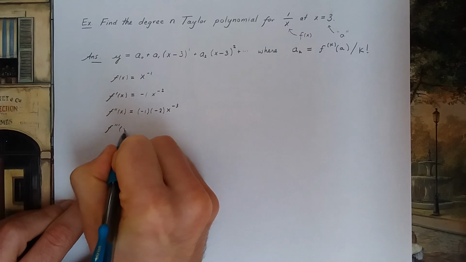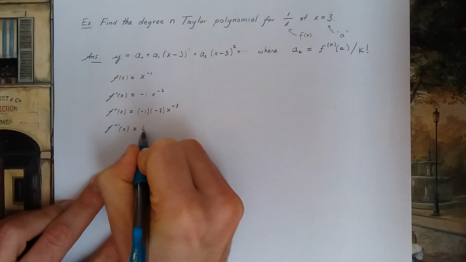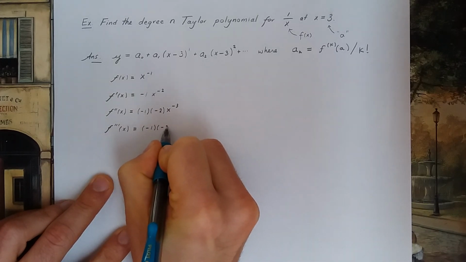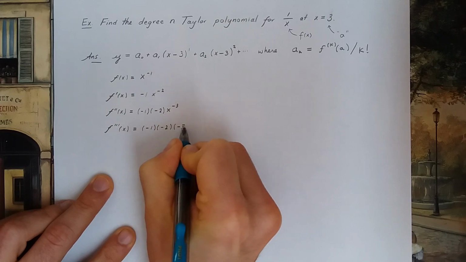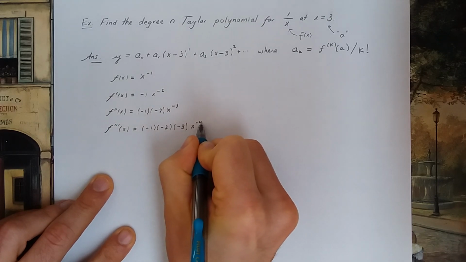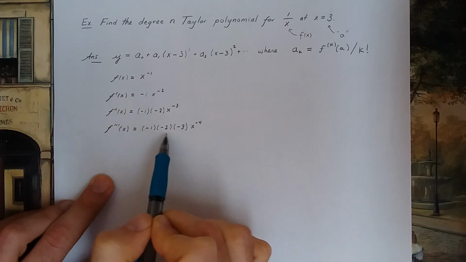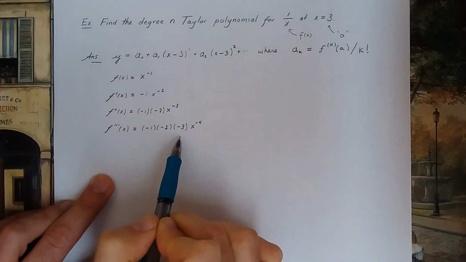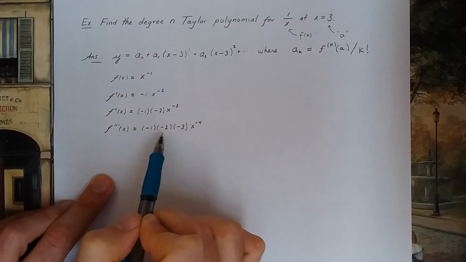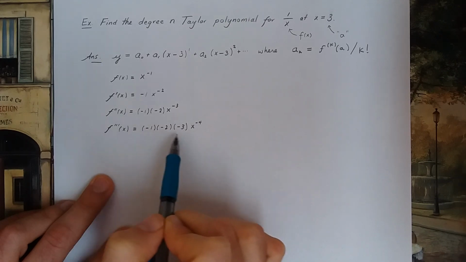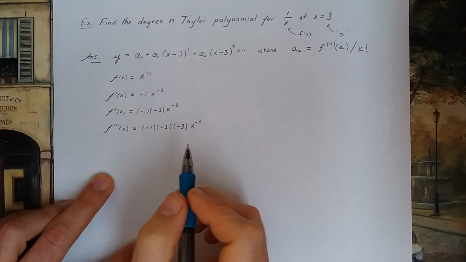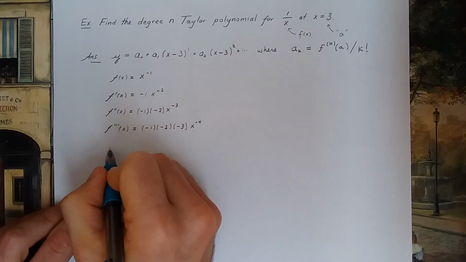The third derivative, negative 1 times negative 2 times negative 3 x to the negative 4 power. Now notice something. I am not expanding this out. I'm not writing this as negative 6 because I'd like to see a pattern, and patterns are easier when you don't expand it. In fact, I can kind of see the pattern now.